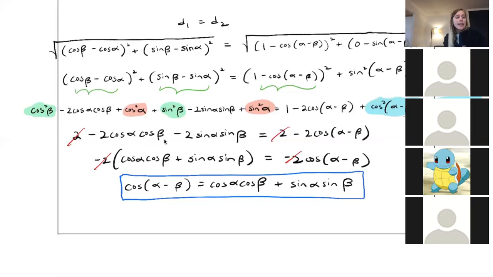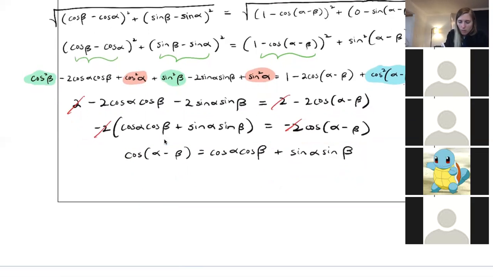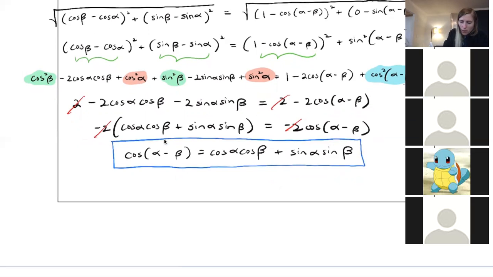There is a sum identity for cosine, which can easily be derived by the fact that cosine of alpha plus beta, right? We're trying to derive the sum identity. Do you guys see why I call it the angle difference identity and angle sum identity, right? Alpha minus beta, alpha plus beta.